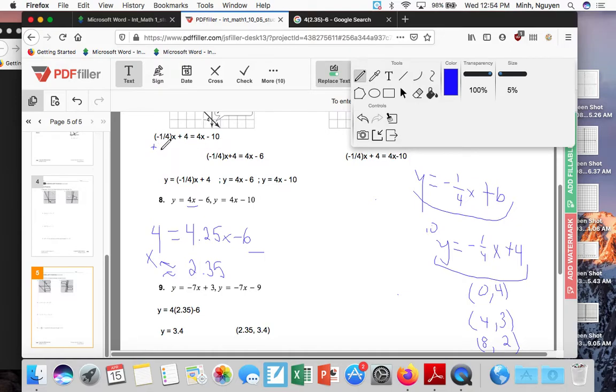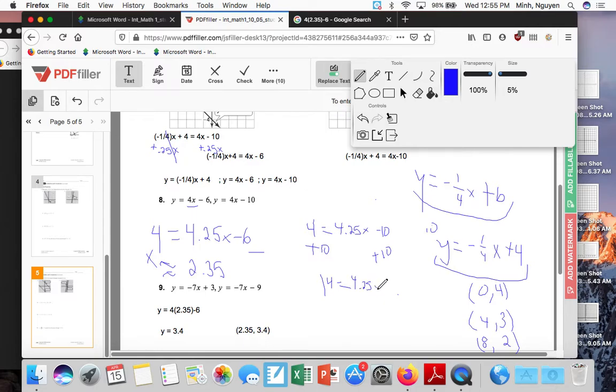So I'm going to do the same thing: add 0.25x to both sides, and add 10. So 4 equals 4.25x minus 10, plus 10, so that'll be 14 equals 4.25x.